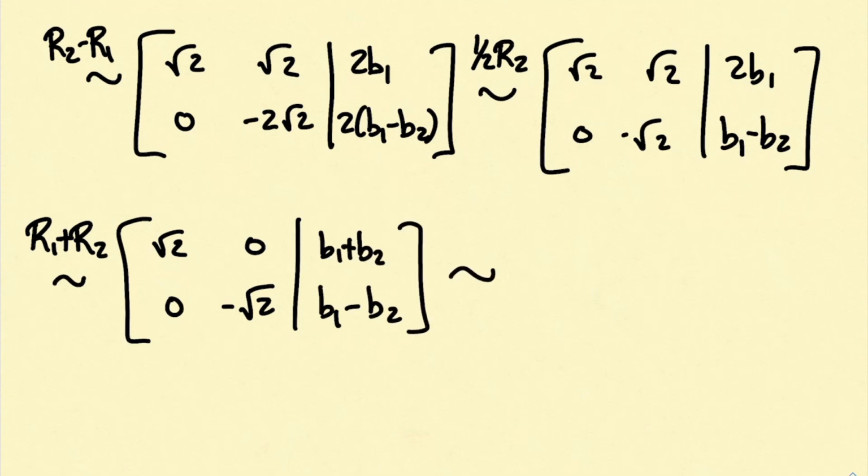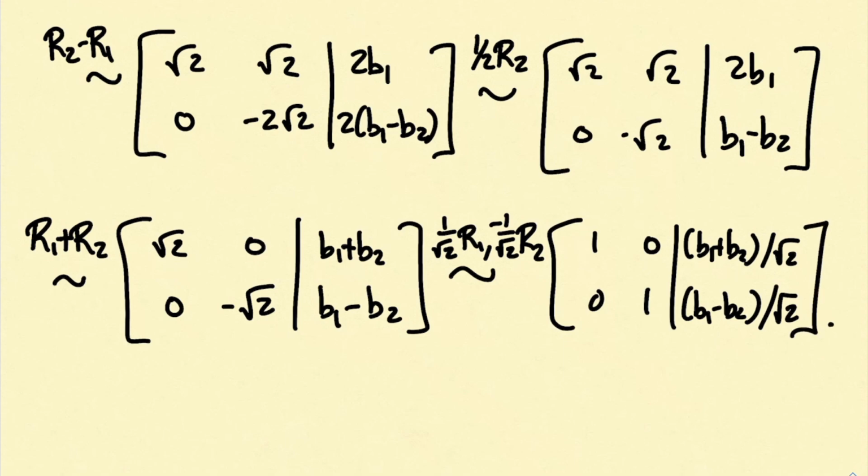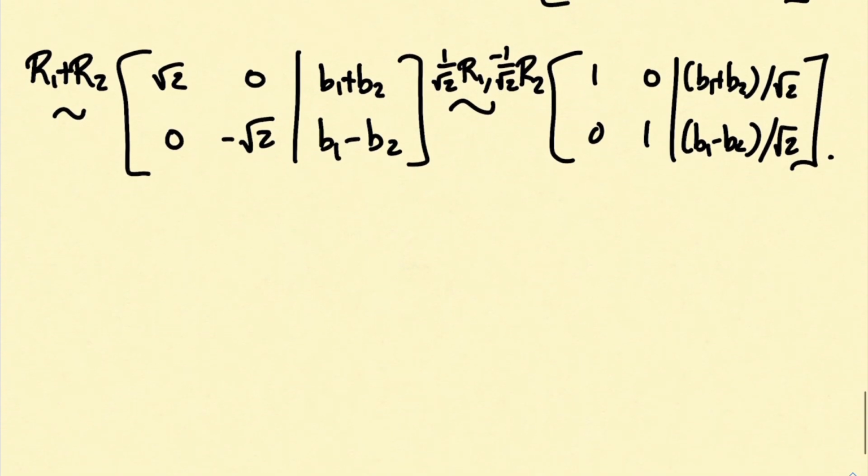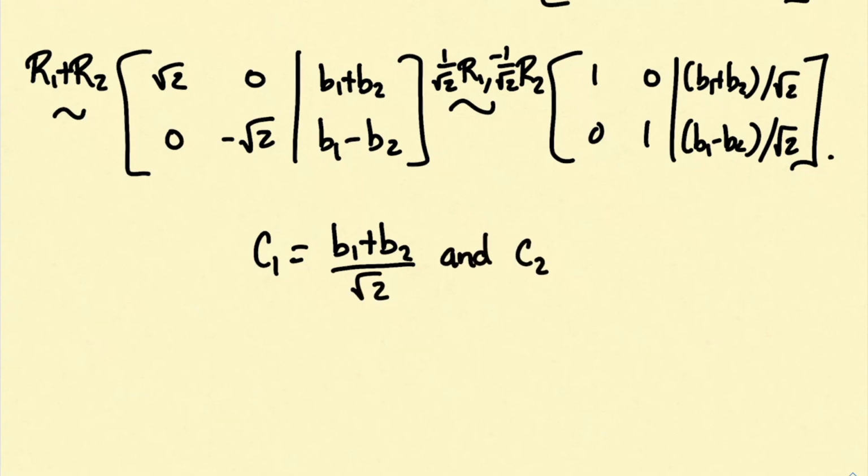And finally, we can scale row 1 by 1 over root 2, scale row 2 by negative 1 over root 2. And this tells us that our solution is given by taking the weights to be c1 is (b1 plus b2) over root 2, c2 is (b1 minus b2) over root 2.